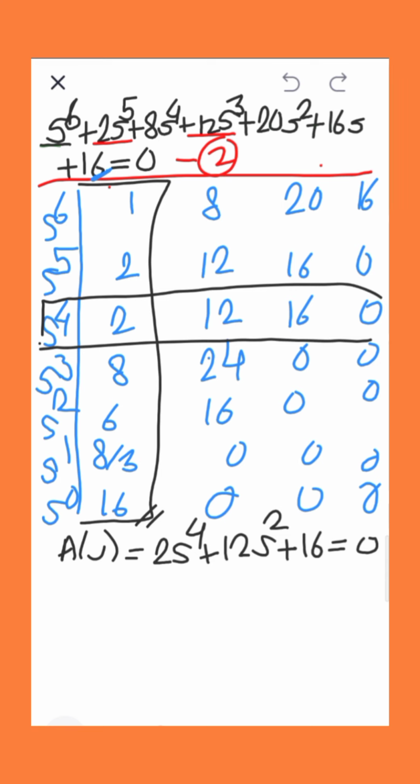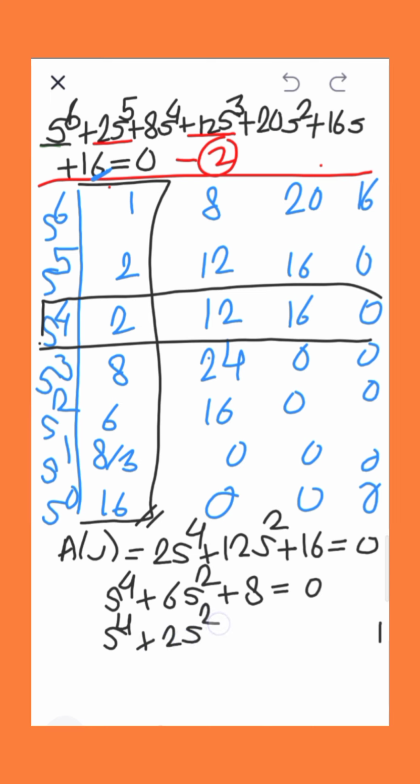So it will be s to the power 4 plus 6 s square plus 8 equal to 0, which factors as s to the power 4 plus 2 s square plus 4 s square plus 8 equal to 0.